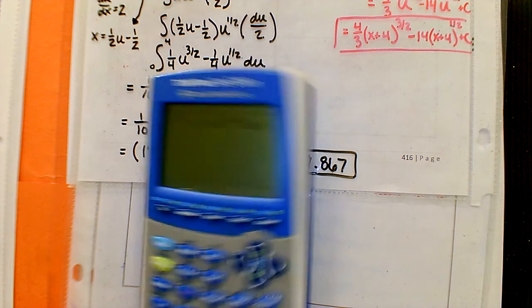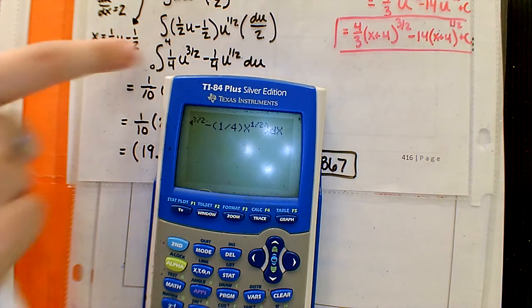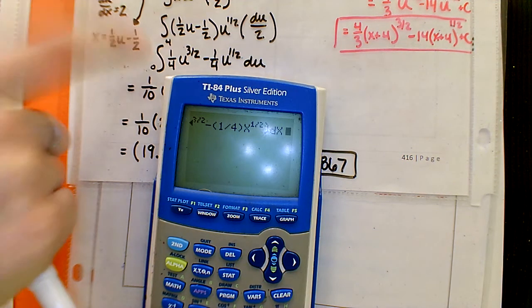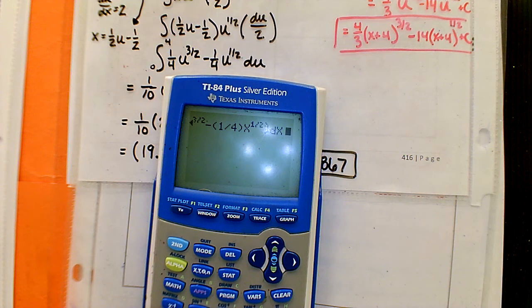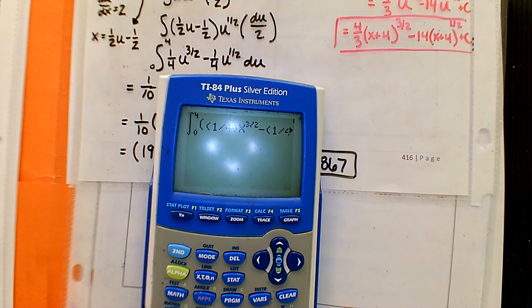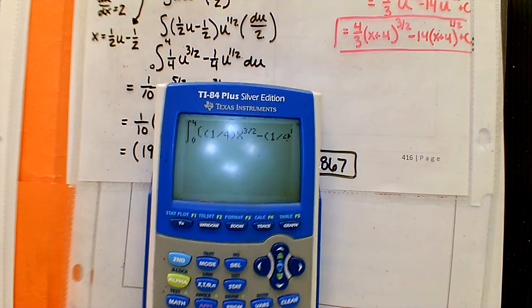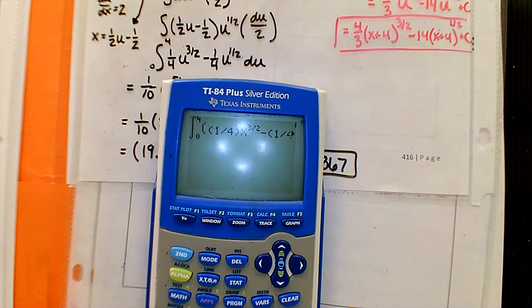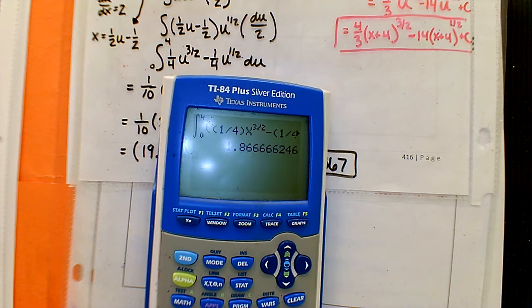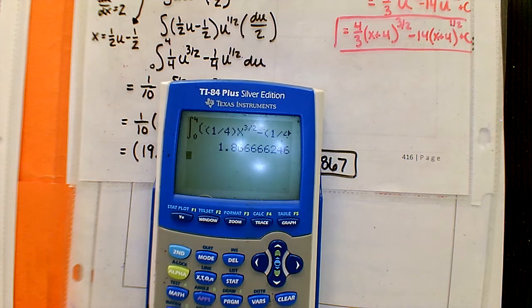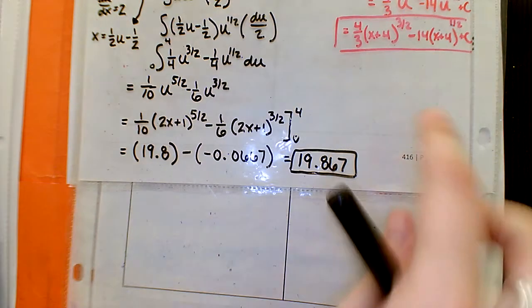We should get 19.867 because this u integral is exactly the same as the x integral, it just looks different. Do they match? No.